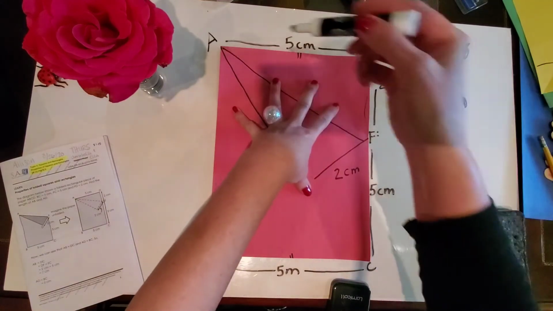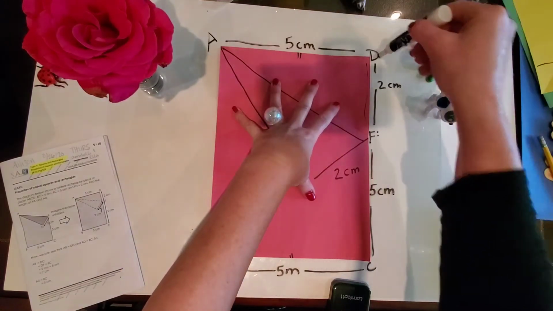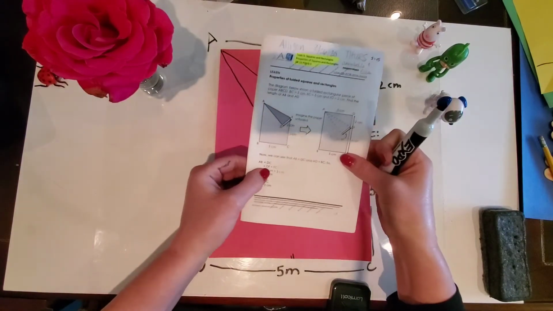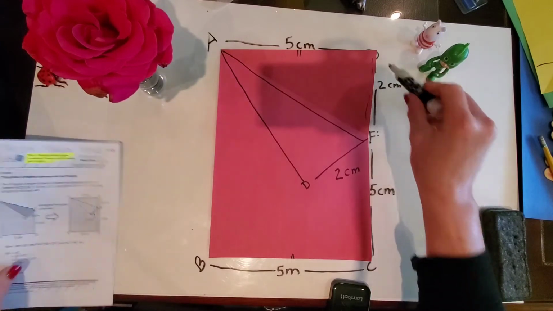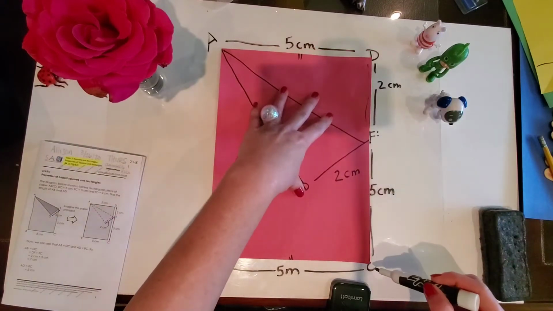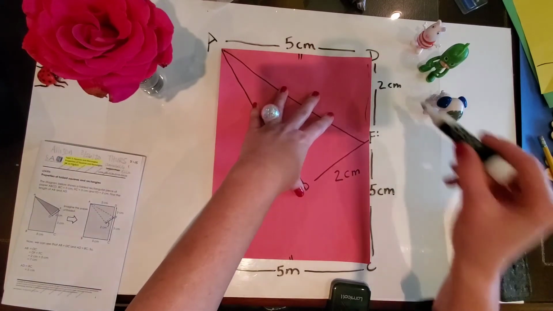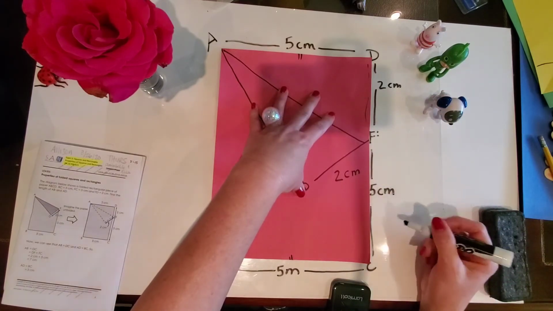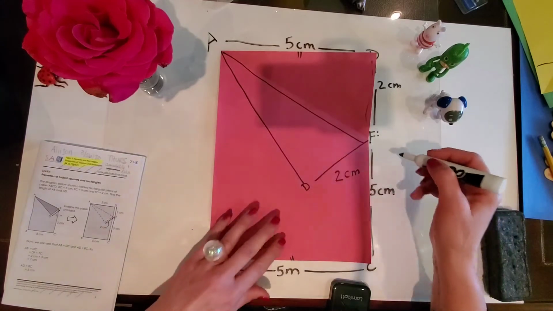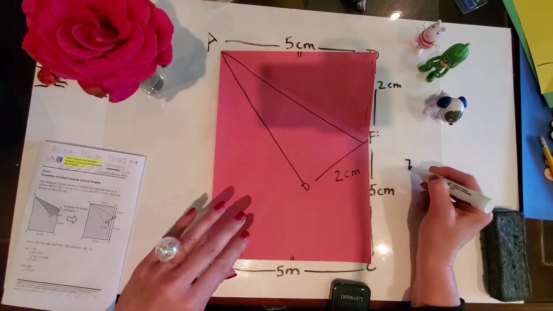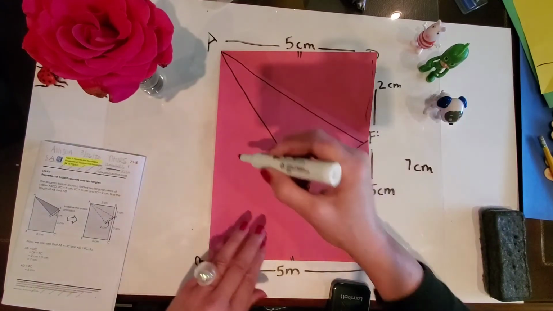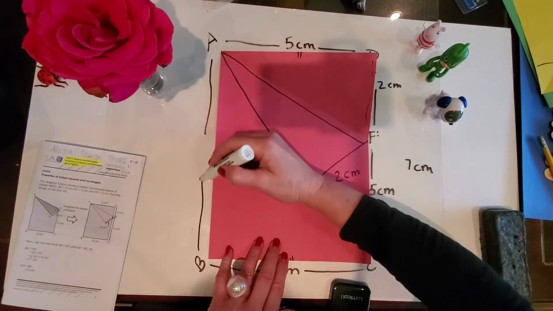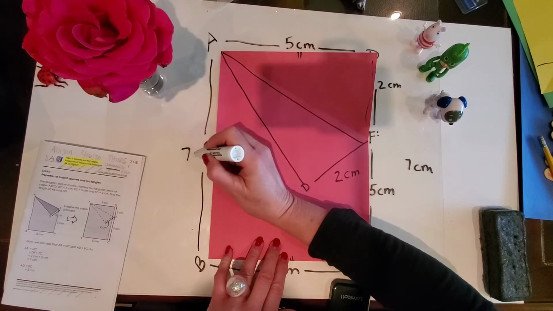Well, we know this, AB equals DC, and we have DF plus FC, 2 centimeters plus 5 centimeters equals 7 centimeters. So we know then this is equal to 7 centimeters. So then we know, because these are equal, AB is equal to 7 centimeters.